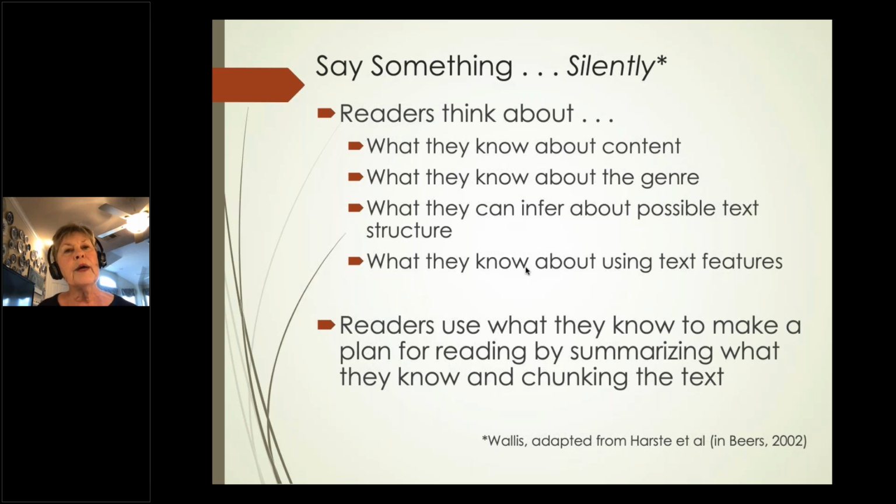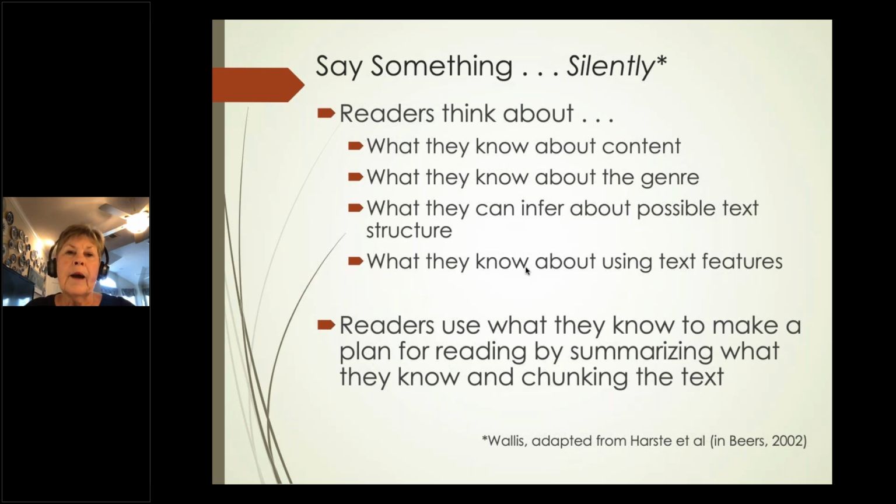Well, when we don't have kids sitting side by side, one of the things that we can do is to encourage kids to say something silently. And one of the ways that we can do that is helping them to find places in the text to stop. We call it chunking, and they stop and talk about what they've read so far.